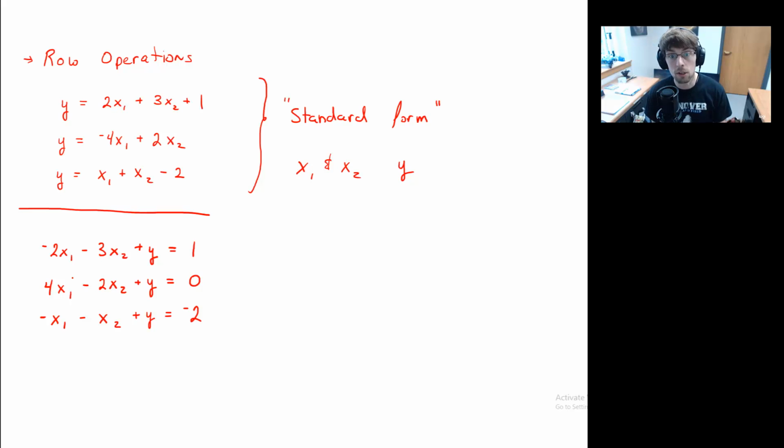I have my three equations written in standard form. And notice that the first column, if you can think of this as being column 1 right here, column 2 right here, and column 3.